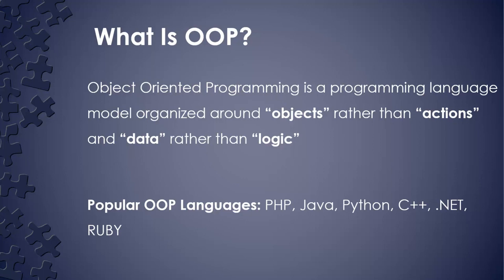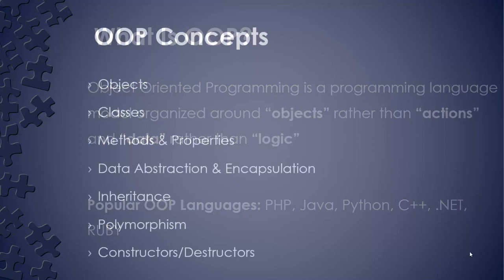Now there are a lot of different languages that are geared towards the object-oriented model. PHP, of course, is one of them, especially after PHP 5. We have Java, Python, C++, .NET, Ruby. So you can see these are all high-level languages that are very popular and all capable of using object-oriented programming.